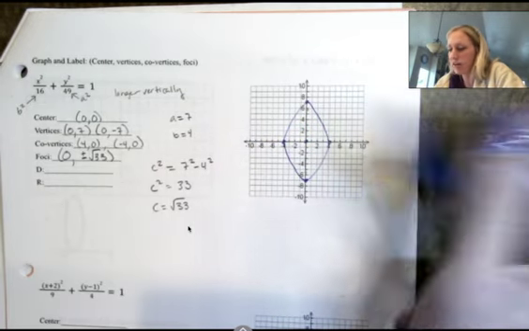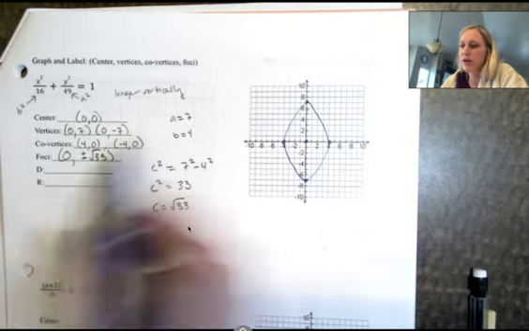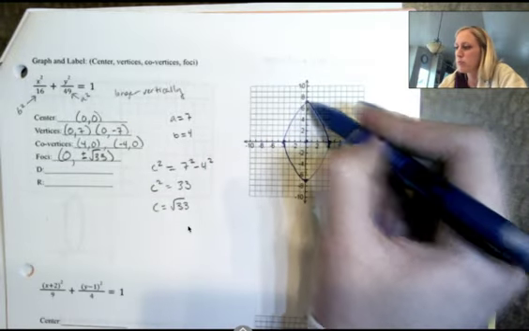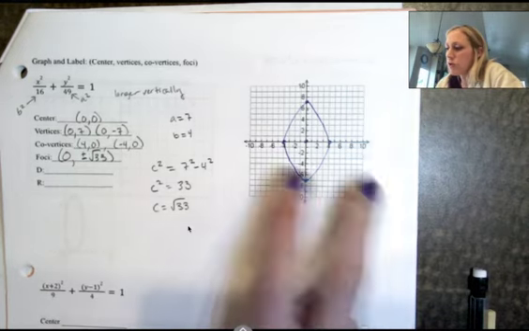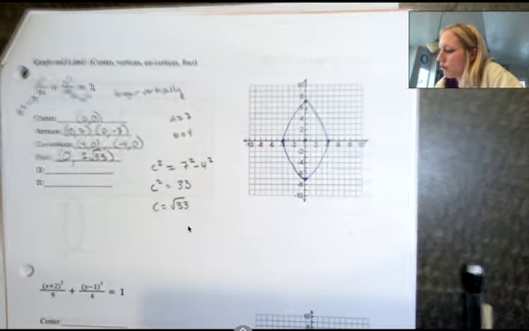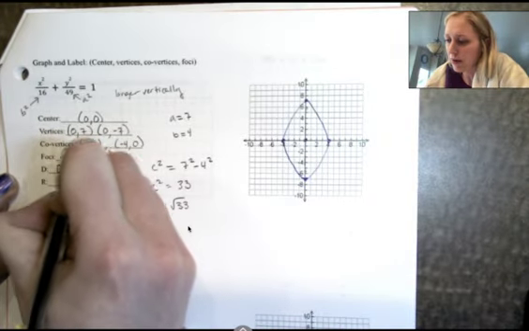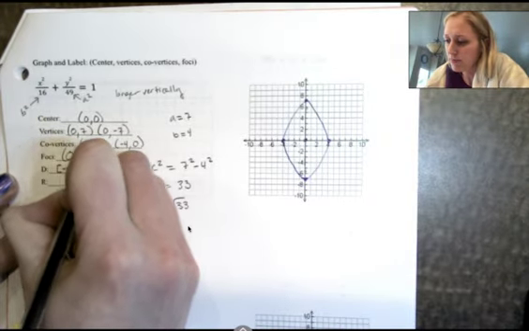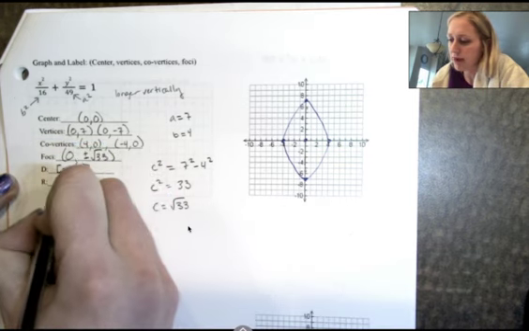Sorry, mine looks kind of more like a diamond, but you don't have to add labels over here if they are clearly labeled here, if you want to add them, but putting those points where they're really easy to see is going to be good. Domain, so left to right, my x values go from negative 4 to 4. In this case, my co-vertices. And my vertices go from negative 7 to 7 for the y values.